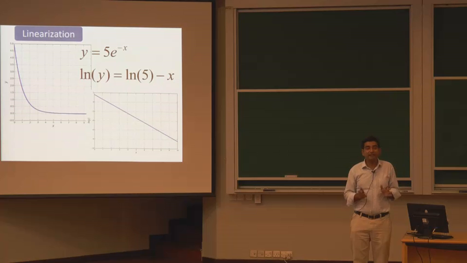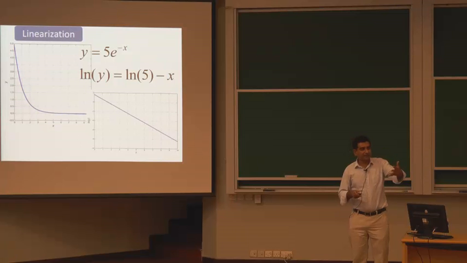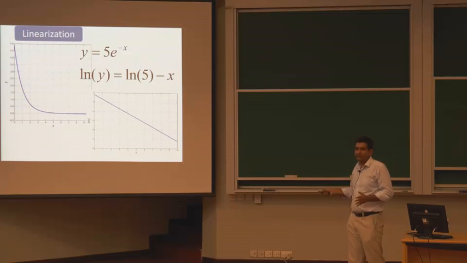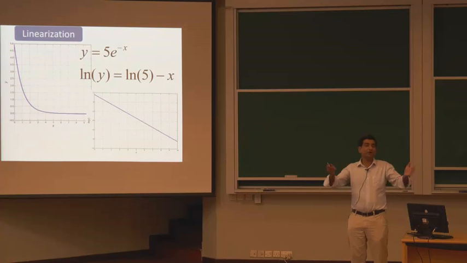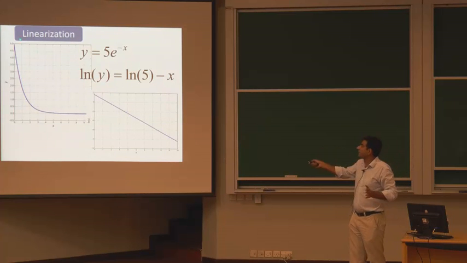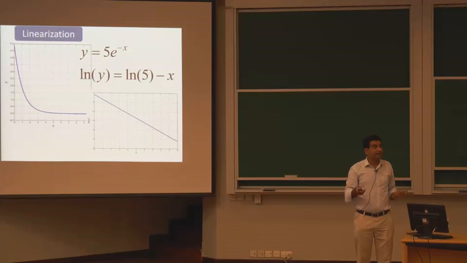It's called the linearization of data, and this is an example of a semi-log plot. One of the axes is on a logarithmic scale, the other is just the linear scale. This is a semi-log plot. Okay, so you can linearize data by taking the logarithm of both sides. Remember, I'm not drawing experimental points here, these are just theoretical models. That's why I'm showing them by solid continuous curves.